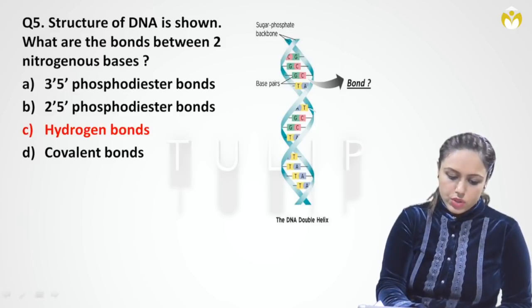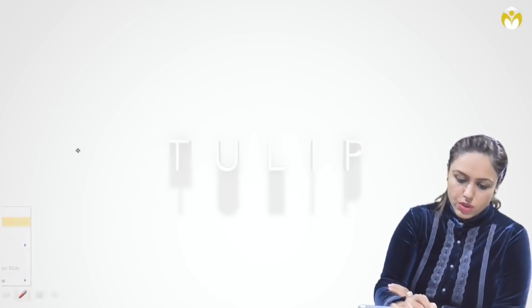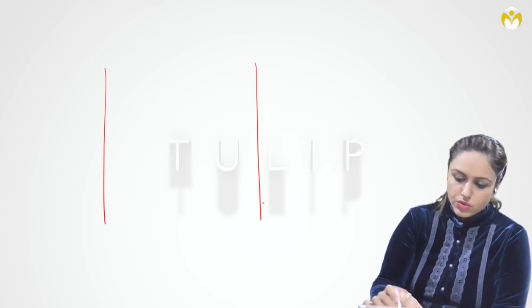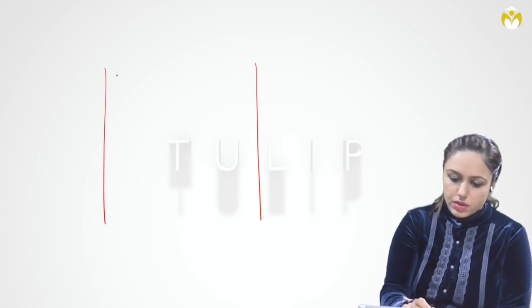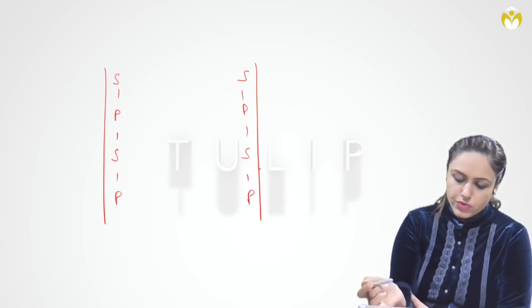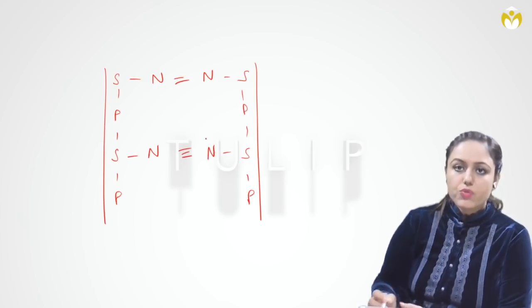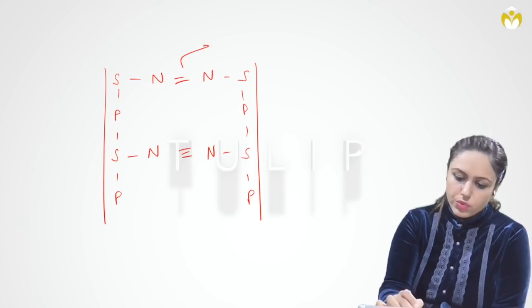Let me tell you all the bonds in the structure of DNA. The DNA structure is double-stranded. There are two strands. So if these are the two strands, then the strand backbone is made up of sugar and phosphate. Sugar-phosphate backbone. And a nitrogenous base is attached to sugar. In between two nitrogenous bases, we have double bond or triple bond, and you know this is hydrogen bond.